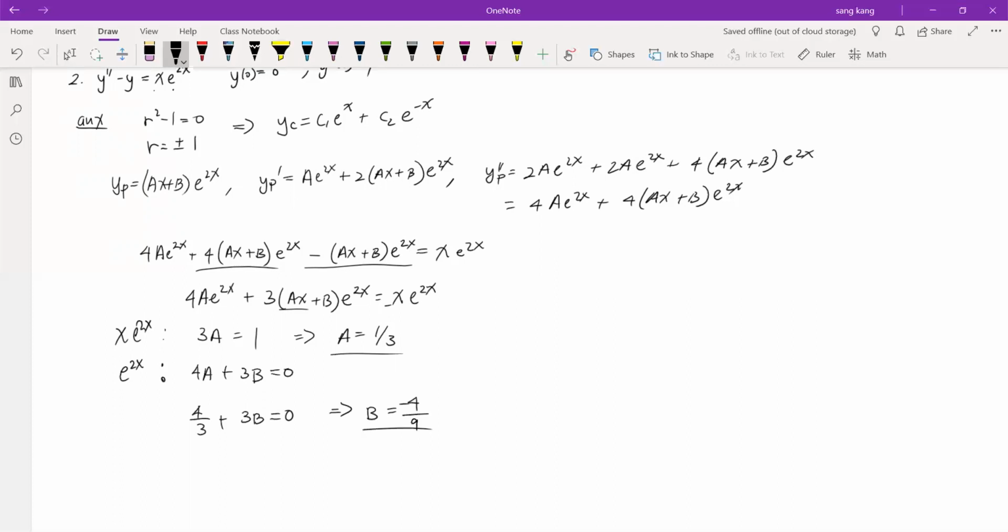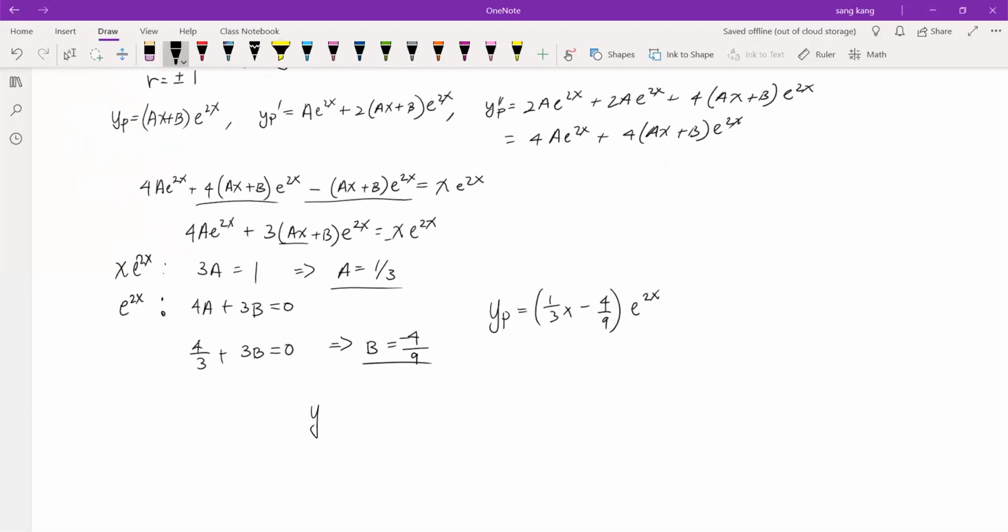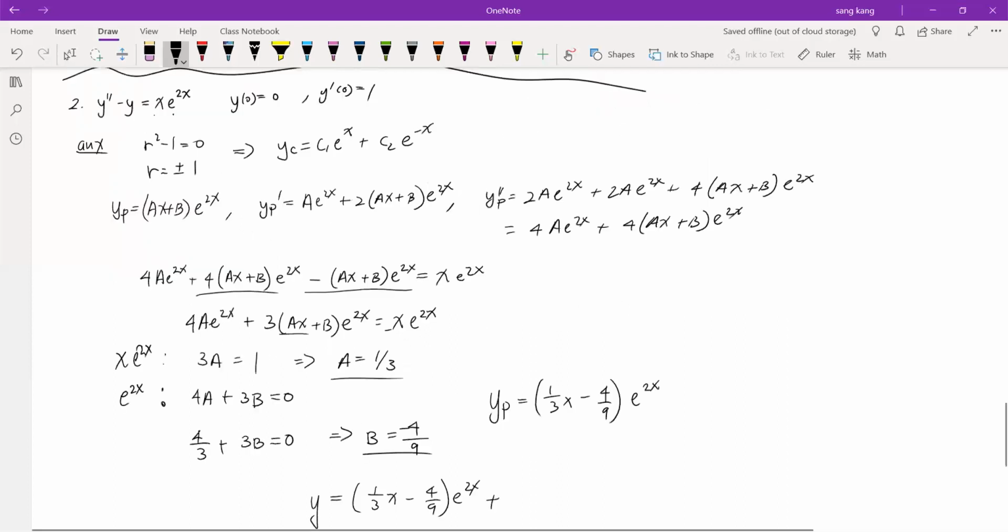So yp should be (1/3 x minus 4/9) times e to the 2x. So our general equation is going to be these two together, plus our complementary.